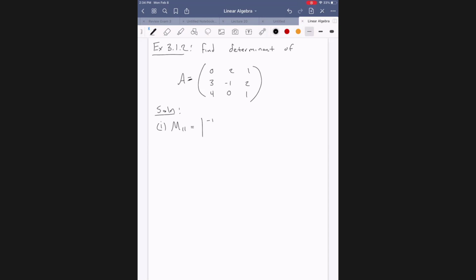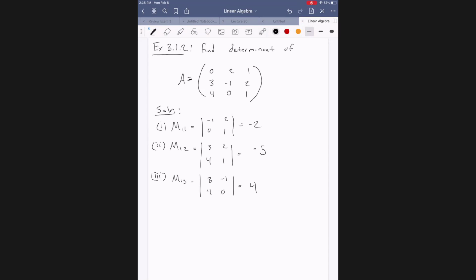It should just be -1, 2, 0, 1. This should give me -2. Do M12. That one gives me 3, 2, 4, 1, and this will give me -5. And then M13: find the determinant, that should be 3, -1, 4, 0, and that should just give me 4.